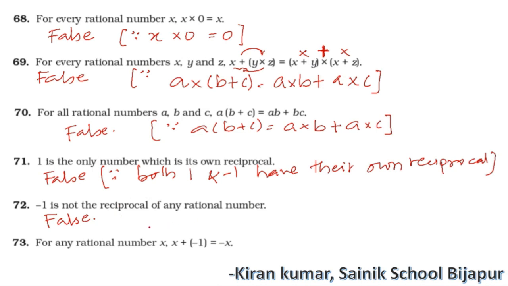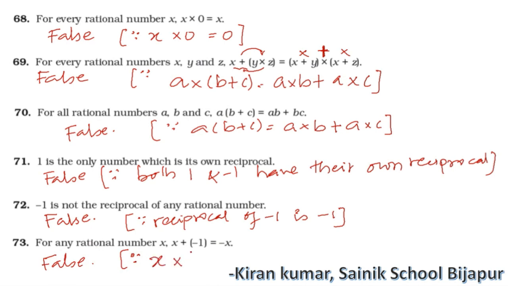The reciprocal of minus 1 is minus 1 only. 73rd, for any rational number x plus of minus 1 is equal to minus 1. This statement is false because x multiplied to minus 1 is minus x, not plus. It should be multiplication.